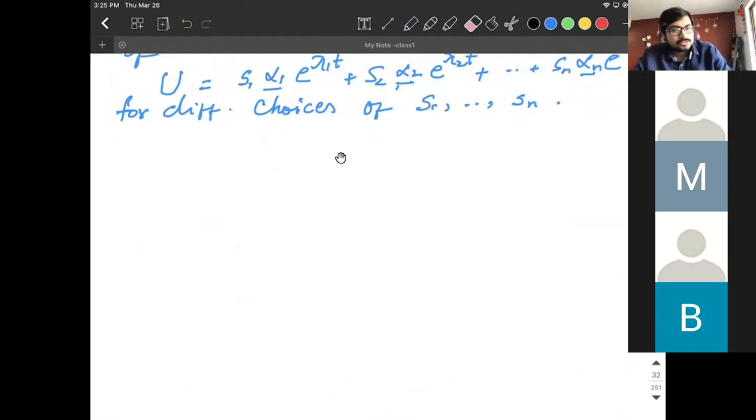That is, does any solution of this system of differential equations have this form, S1 alpha 1 underbar e to the lambda 1 t, etc.? This is a rather deep question, so let's just state it as a fact.